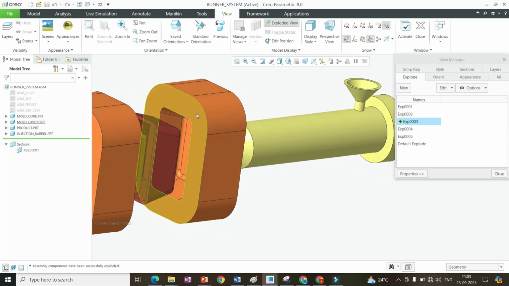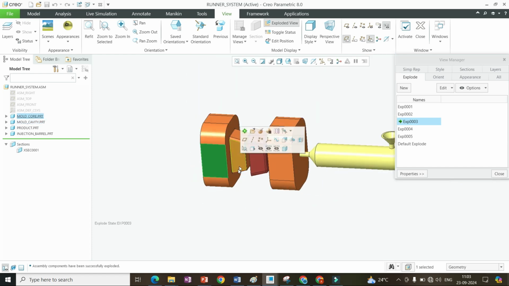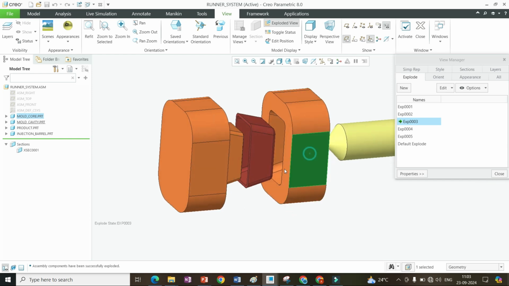This is the cavity side because the material is removed from this mold, and this side is the core side. You can see the projected material from the mold surface. So it is the core side of the mold, and this one is the cavity side. In this way you can understand the core and the cavity side of the mold.